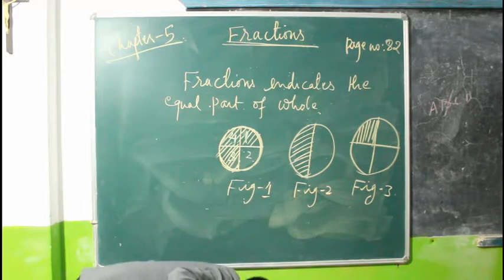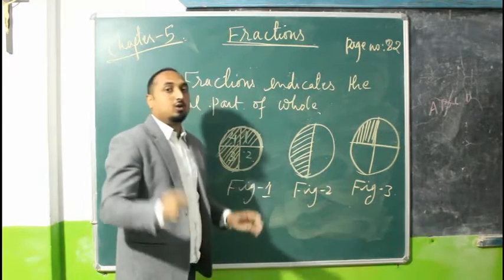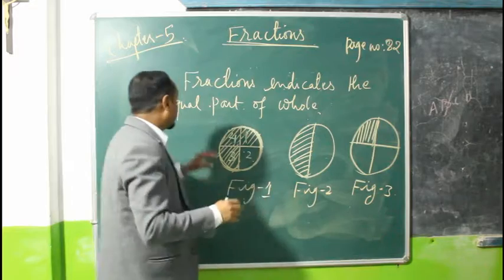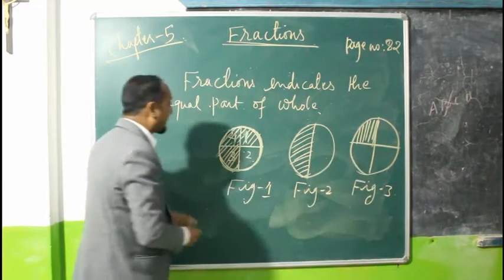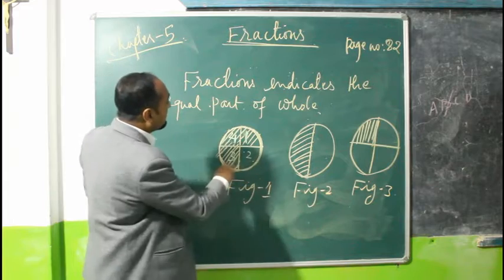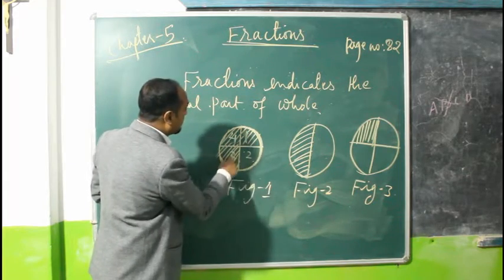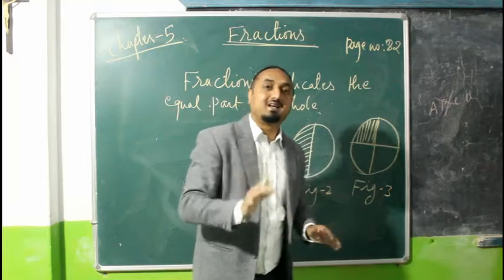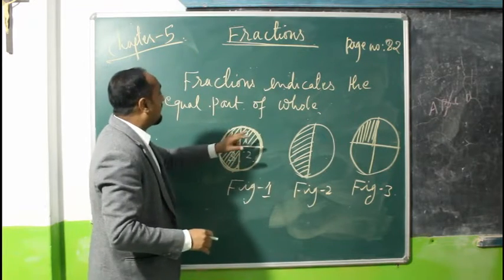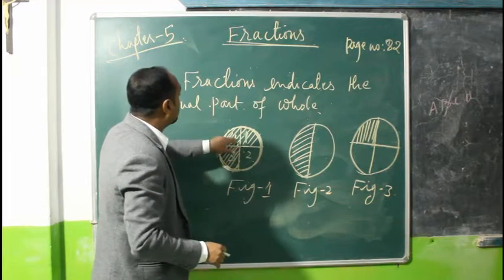Now, if you are asked to represent this shaded portion in fraction form, what will you write? See, how many equal parts in total do we have? 1, 2, 3, 4. So we write 4. Out of 4, how many parts are shaded? 3 parts: 1, 2 and 3.